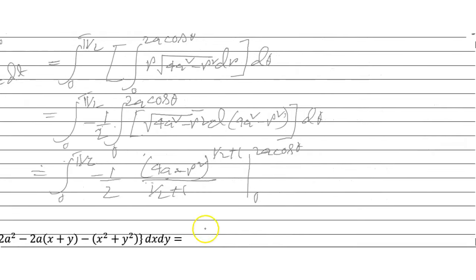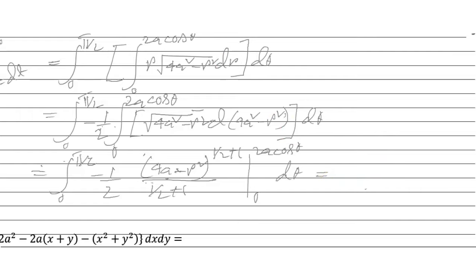So what do I get, into d theta: 0 to pi by 2, just putting the value of 2a cos theta. Just simplify, friends, some simplifications.